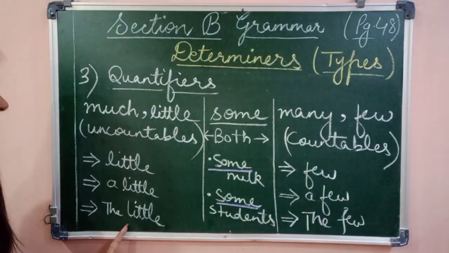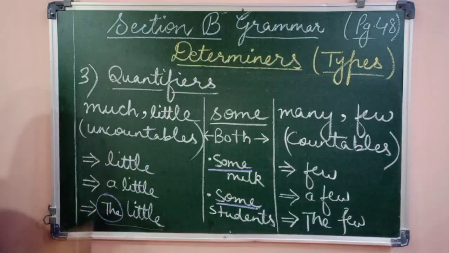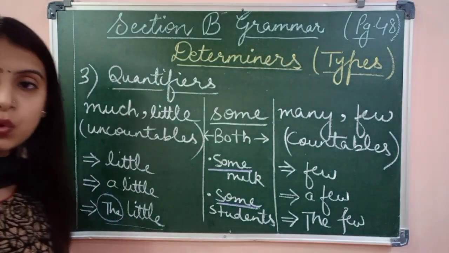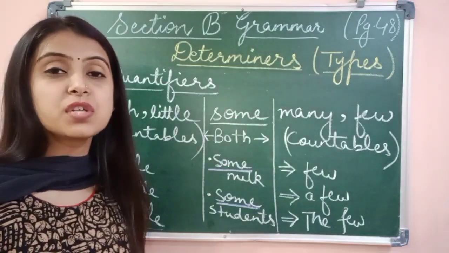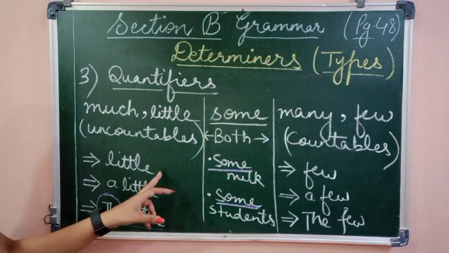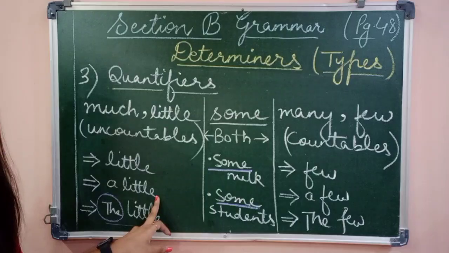Fine. Then comes the little. The, as you know, is used to specify the nouns. So the little is used when we are talking about a noun specifically. As I gave you the example, there is little water in the glass, but there is a little water in the jug.